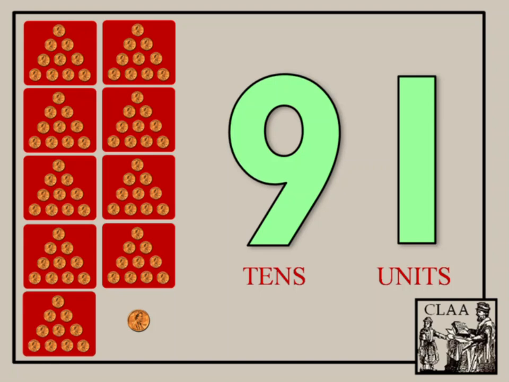To read this, we would say 91. If there were 2 pennies left over, we would say 92. If there were 3 pennies left over, we'd say 93, and so on all the way up to 99, where we left off in our last lesson.